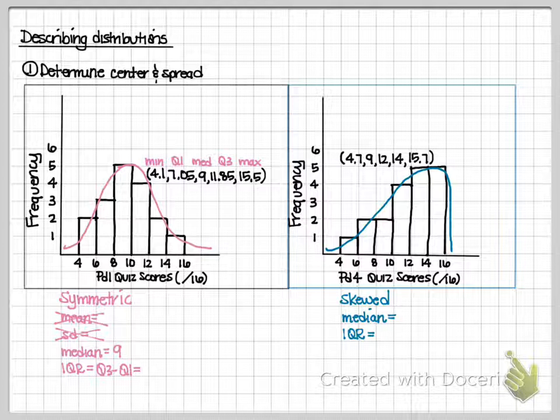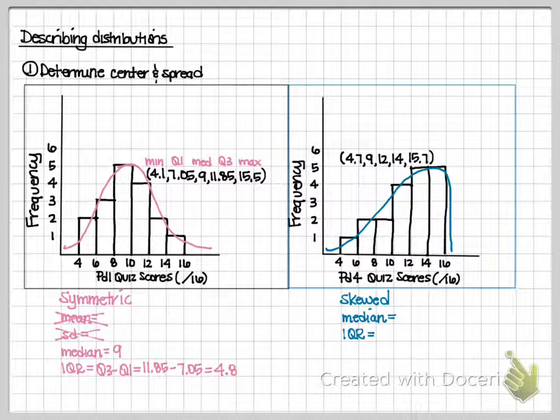So in this case, my Q3 was 11.85 minus my Q1, which was 7.05, which I can go ahead and subtract, and that gives me 4.80 or 4.8.